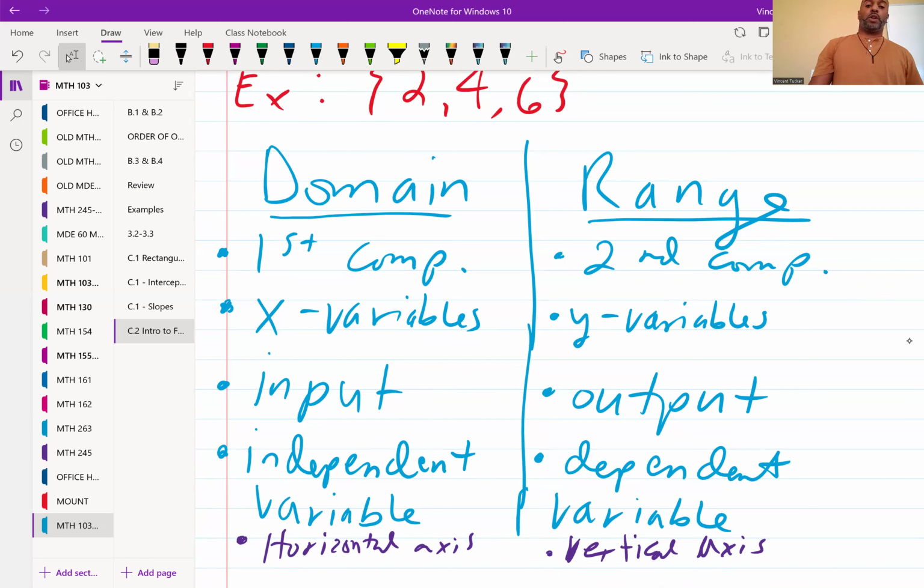Then also your horizontal axis versus your vertical axis. All of those are just different ways of identifying your domain versus your range. Letters could change, so that's why you don't want to always just lean on X versus Y. So you'll see as we go forward.